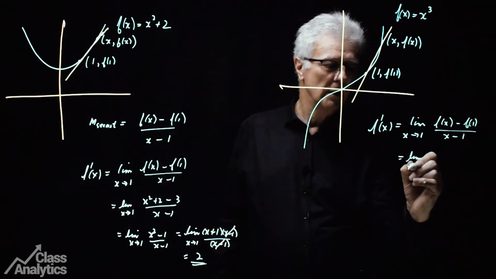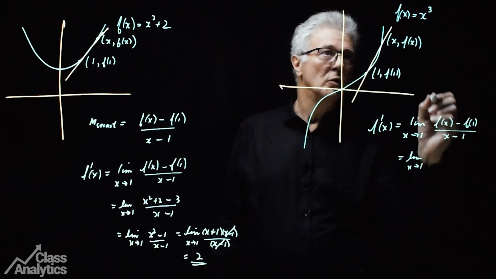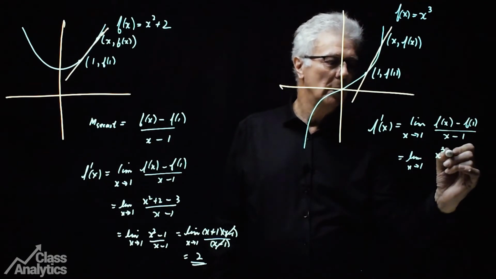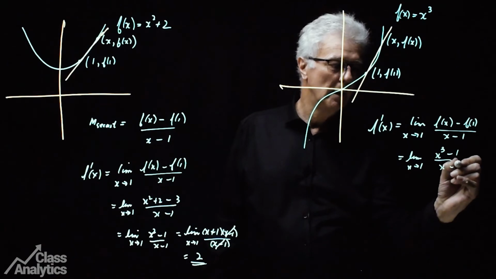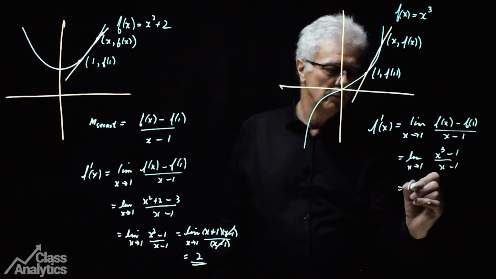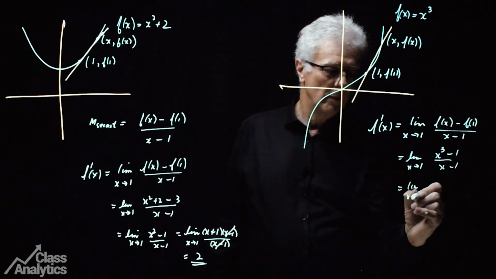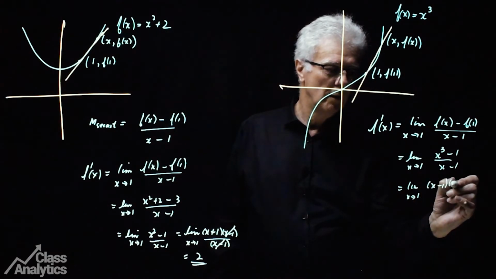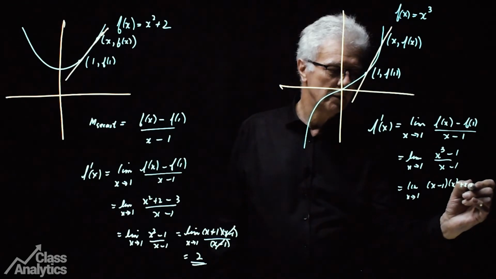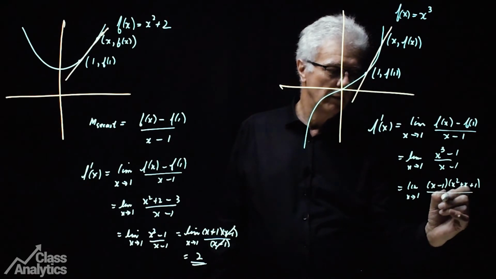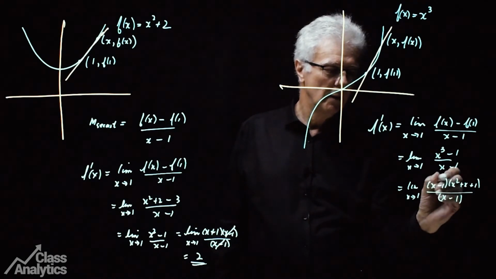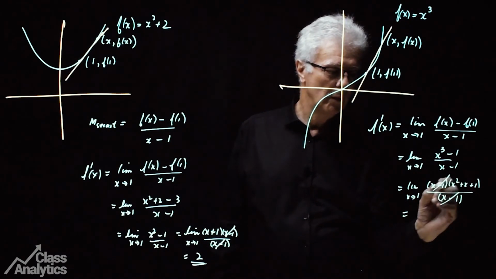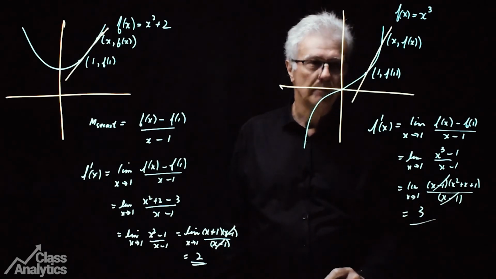Function x this time is x cubed, so that's just going to be x cubed minus 1 over x minus 1. Another bit of factorising to do. Can you remember how to factorise x cubed minus 1? That's x minus 1, x squared plus x plus 1, all over x minus 1. These go out, and you put the 1 in there. 1 plus 1 plus 1 is simply 3. That's it.